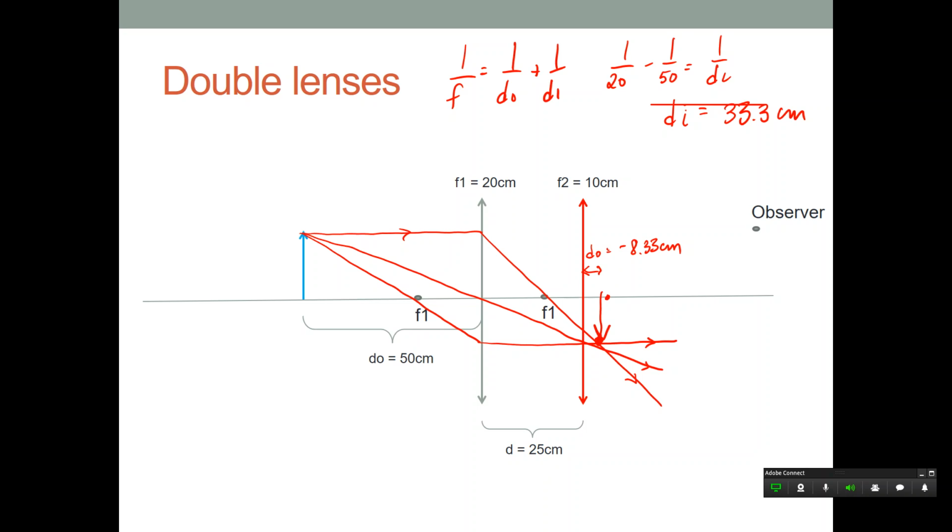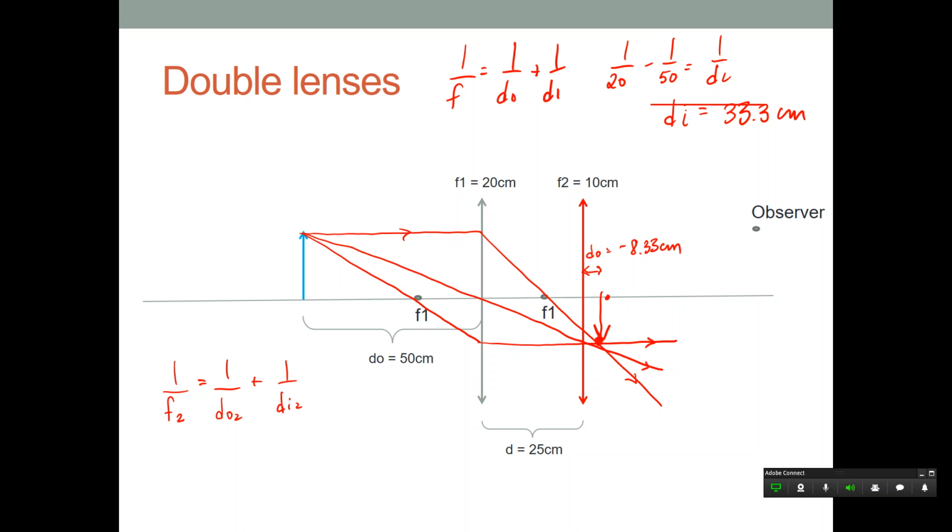So let's do that. This is 1 over F2. So 1 over F2 is equal to 1 over DO2, which is that new location, plus 1 over DI2.